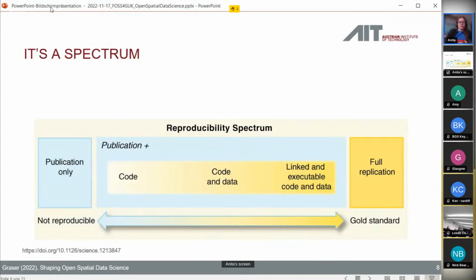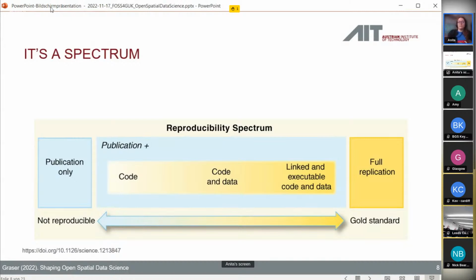The whole topic of reproducibility, it's really a spectrum, and no one can say, okay, this is not enough, this is perfect reproducibility. It's from just making code available, which is kind of a no-brainer for us in the open source community, to making code and data available, which is, of course, in geoscience always really important, because just with the code, but without data, you cannot really reproduce anything, to the ideal vision of having linked and executable code and data.